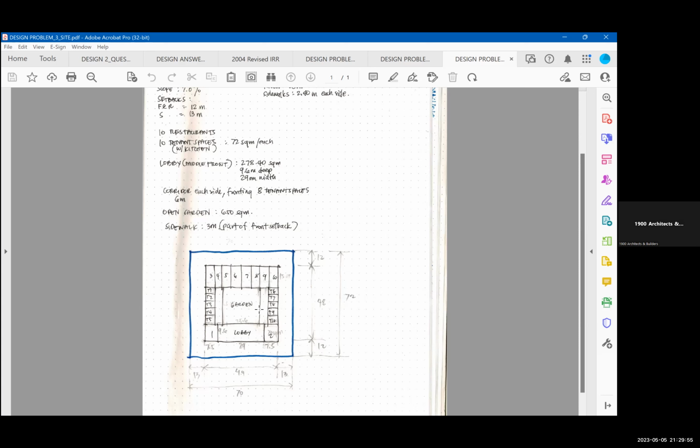What remains here is 9.6, and then there's already 13.1 here, and what remains is 25.4. That's how I got this 25.6. The total is 650 square meters.